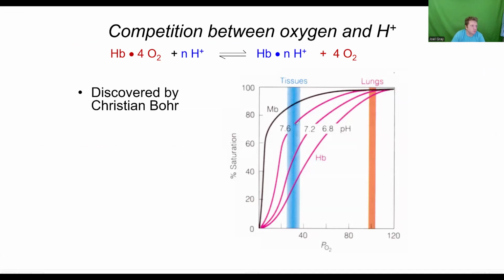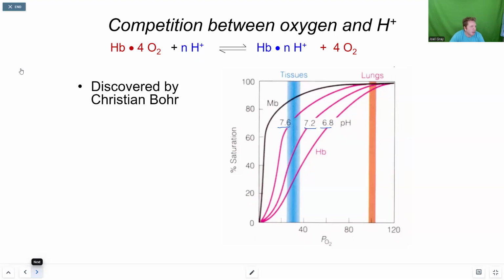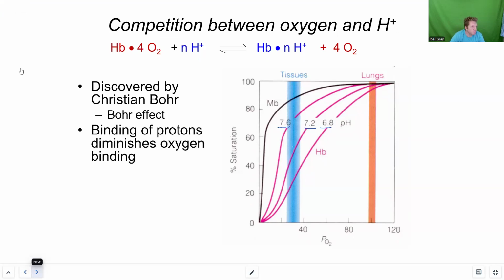What I'd like to draw your attention to are these hemoglobin binding curves, highlighted in magenta, at a pH of 7.6, 7.2, and 6.8. What Bohr observed was that as you decreased the pH of an environment, or increased the hydrogen ion concentration, hemoglobin's binding affinity for O2 began to diminish.